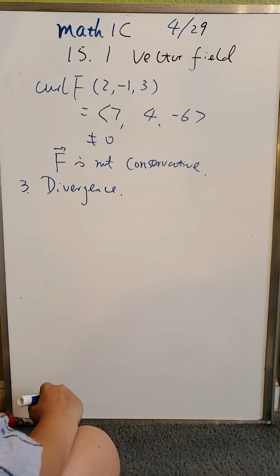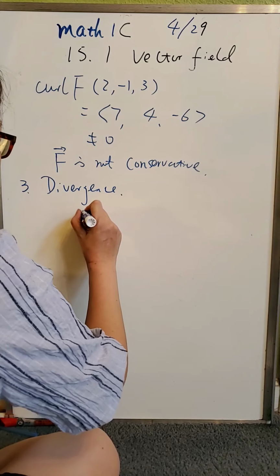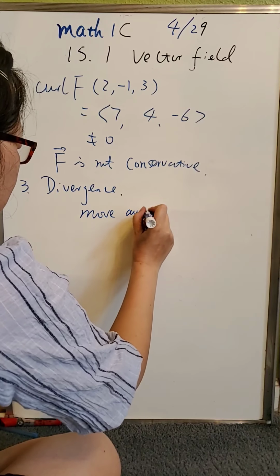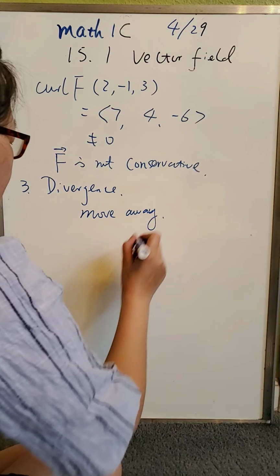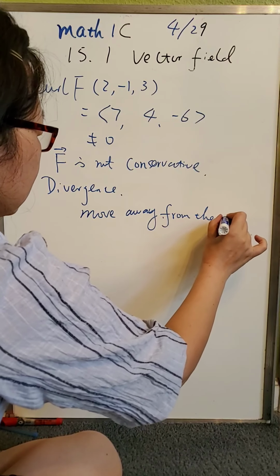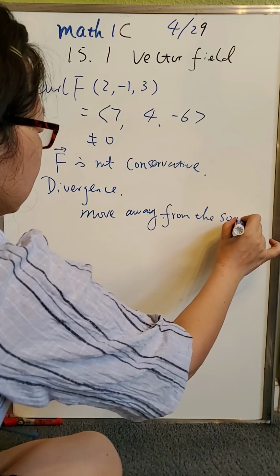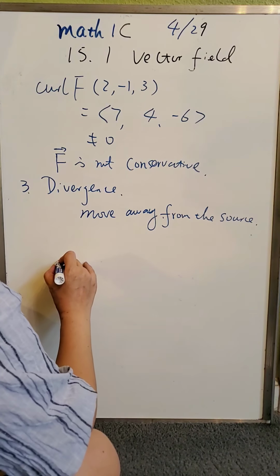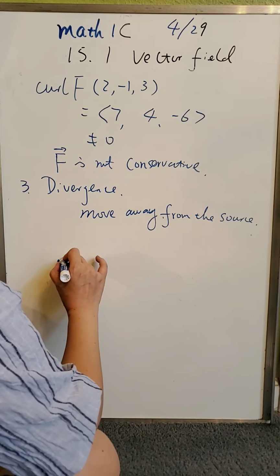Divergence of a vector field means moving away from the source. There are 3 types of divergence we normally see.